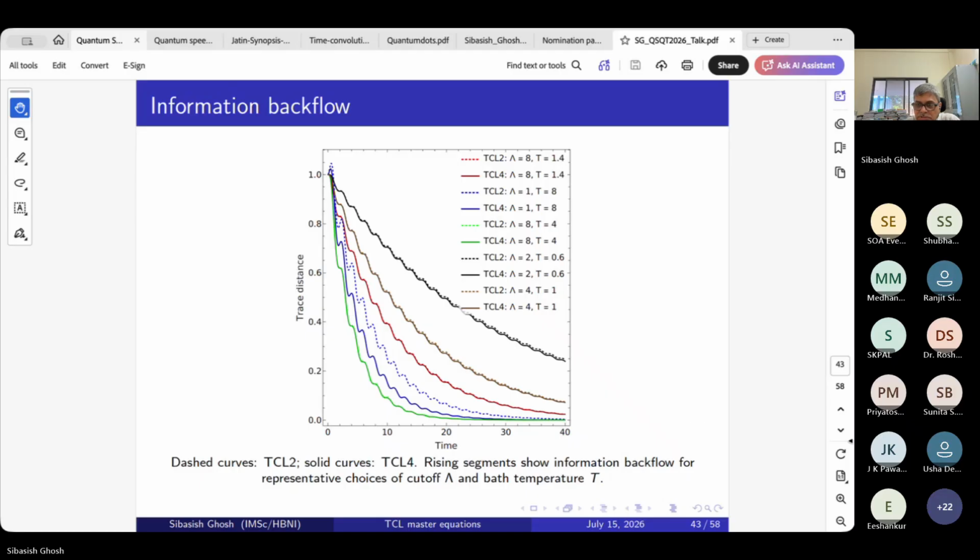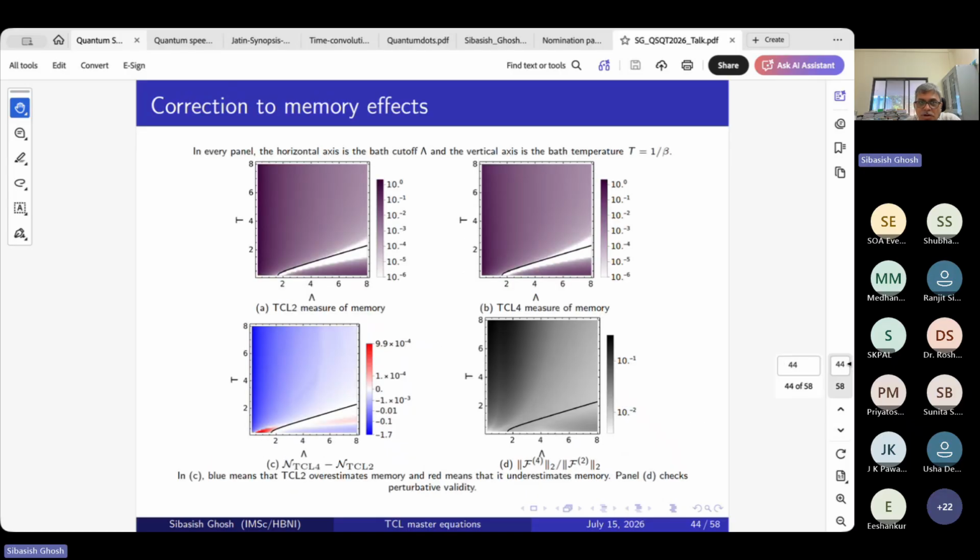So the trace distance decreases, but in an oscillatory way. Right. If you want to look at the memory effect, because TCL2 and TCL4 are both non-Markovian kinds of dynamics, although not completely positive, then on the left side top panel you look at the measure of non-Markovianity for TCL2.